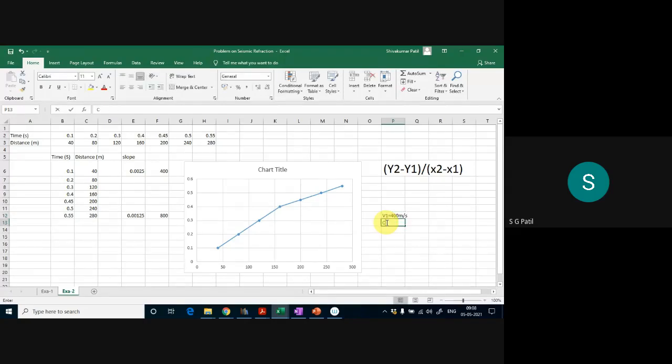And what is v2 I got? 800 meters per second. So now I have v1 and v2. I will take this, Control C.